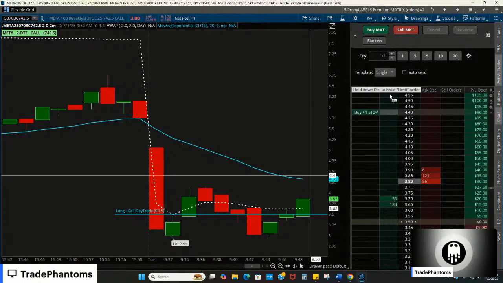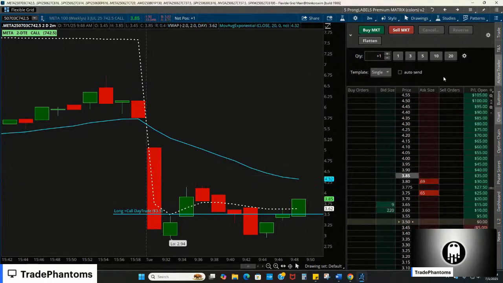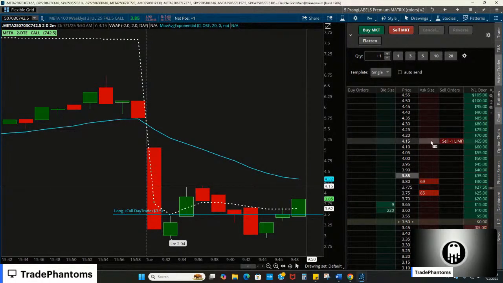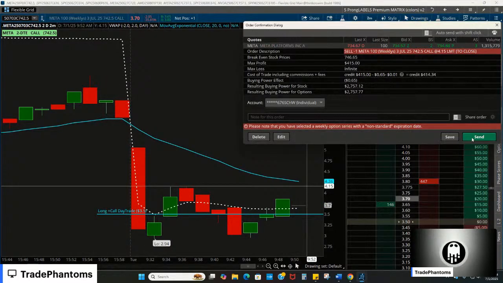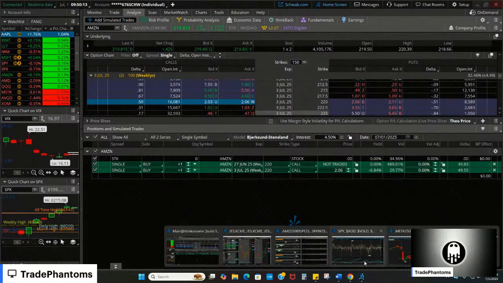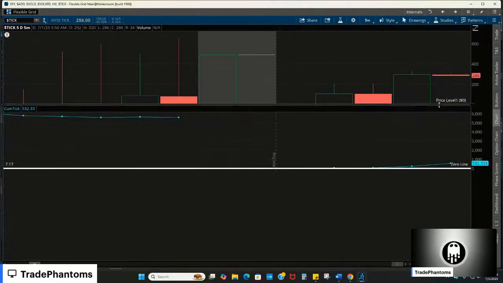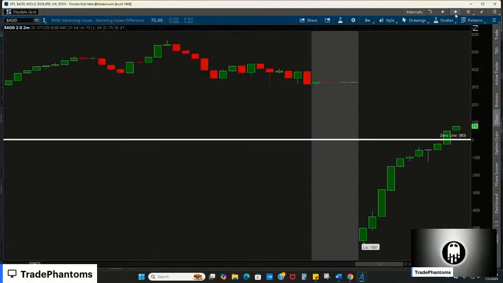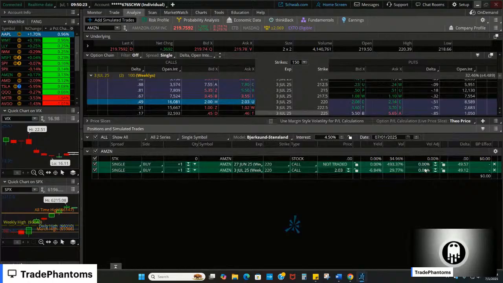Meta is profitable a little bit there. Internals increasingly decent.